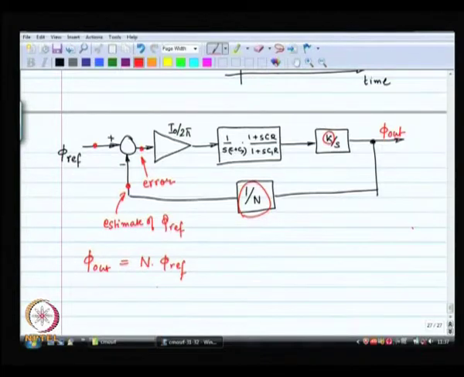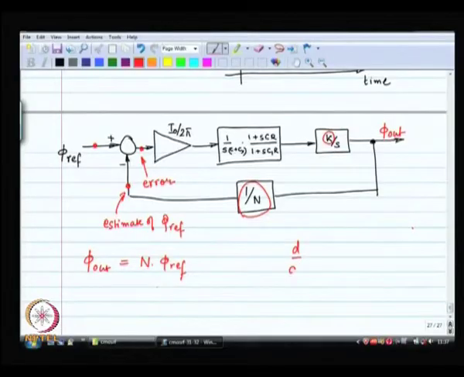What does that mean as far as the frequency goes? The phase is n times the reference phase, frequency is d by dt of the phase.